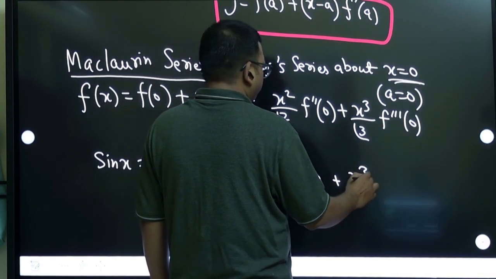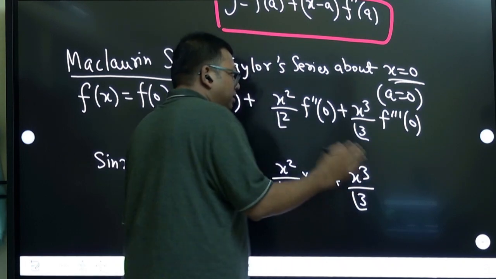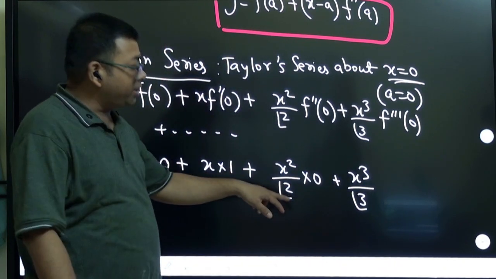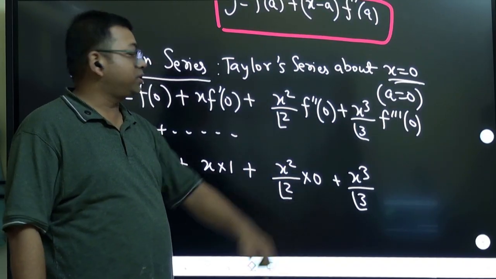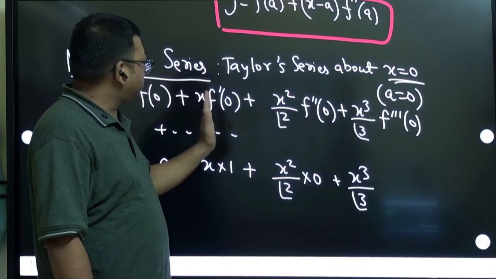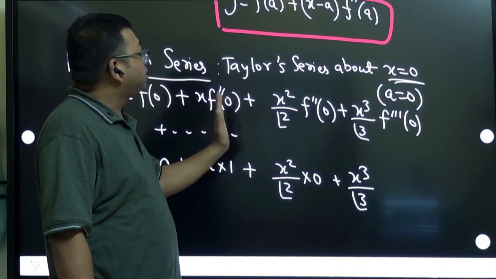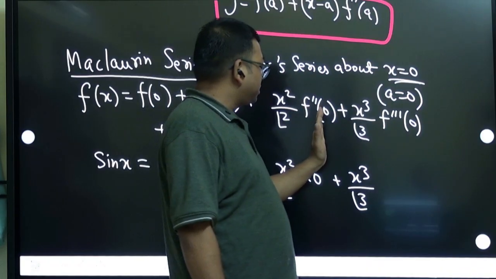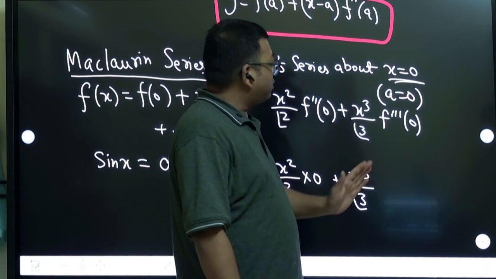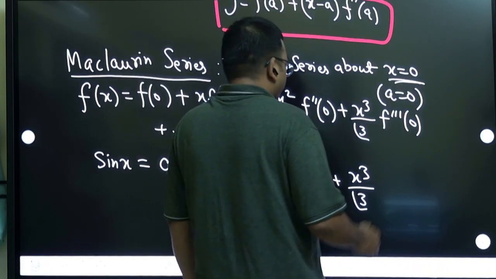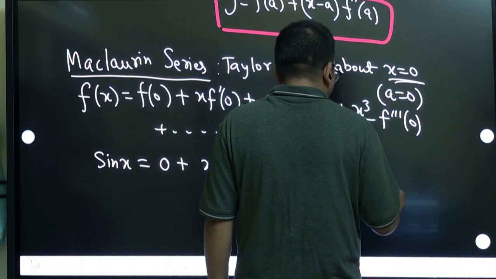Then x cube by factorial 3. Triple differentiation means you got minus cos. First you differentiate sine, it becomes cos. Cos you differentiate, it becomes minus sine. Minus sine again you differentiate, it becomes minus cos. And you put that value, so it will become minus 1.